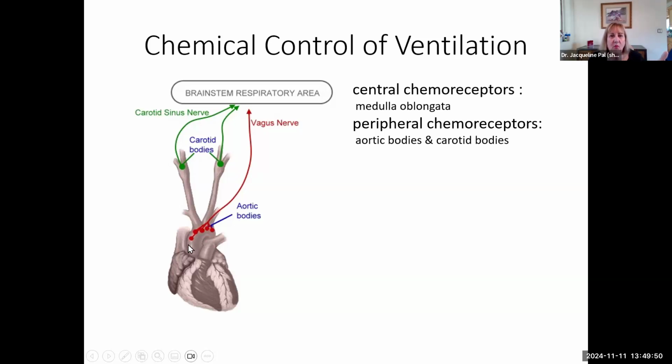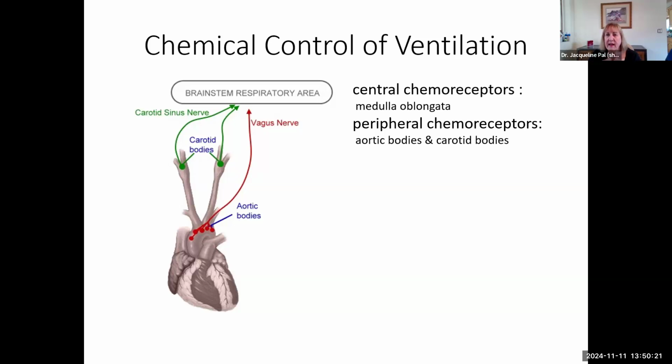And here we see them in what's called the aortic bodies, which are on the arch of the aorta, and our carotid bodies, which are where our common carotid arteries are bifurcating right here by the angle of your mandible, at what's called the carotid sinus, where the common carotid artery is bifurcating into the internal and external carotid arteries.